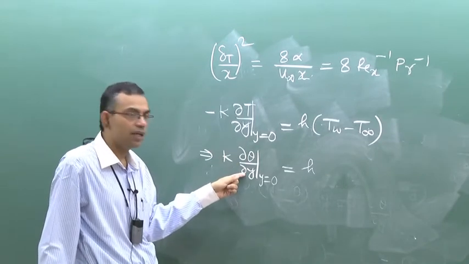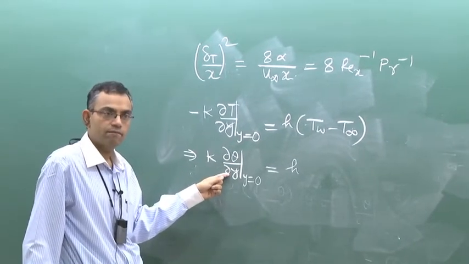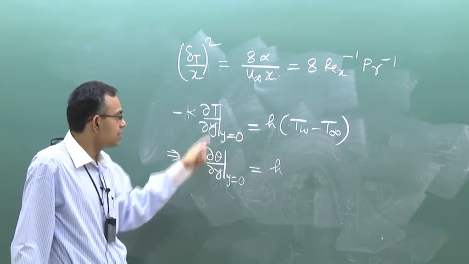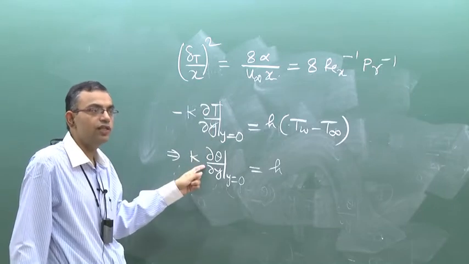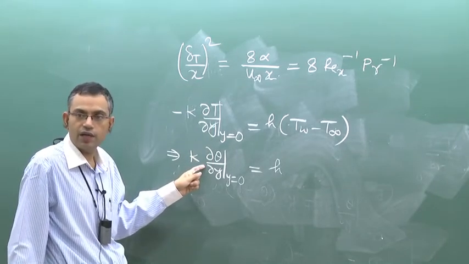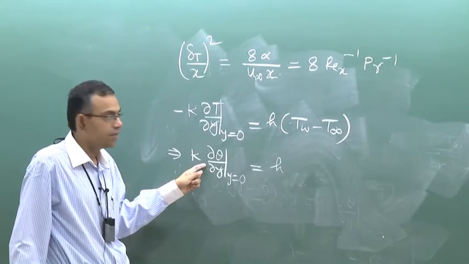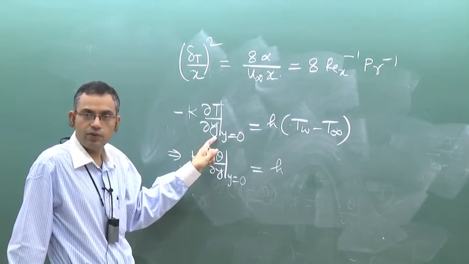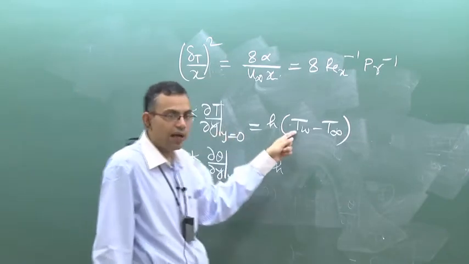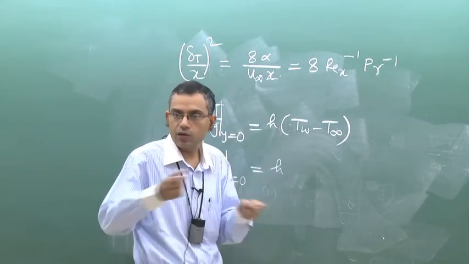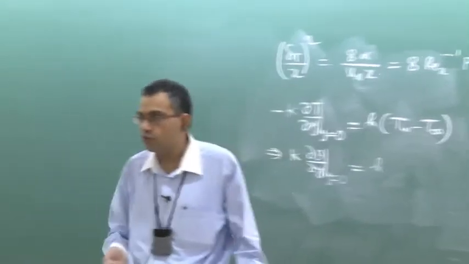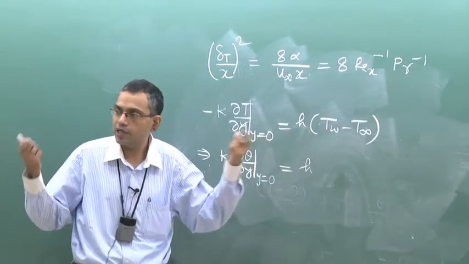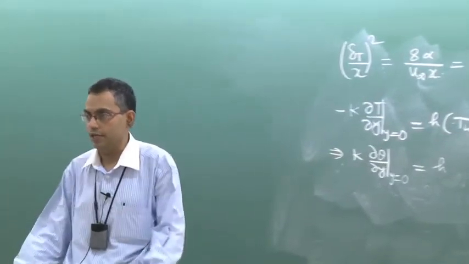Is it true if the wall temperature is a function of x? Yes or no? Is the transformation from this form to this form valid if T wall is a function of x or not? It does not matter because this is derivative with respect to y, this is not derivative with respect to x. So if T wall varies, at most it will vary with x, but wall is along x, so wall temperature cannot vary with y. So with respect to y derivative, T wall may be a function of x, but still it does not have any dependence on y.